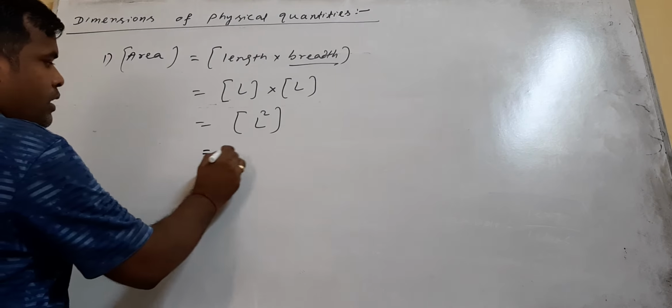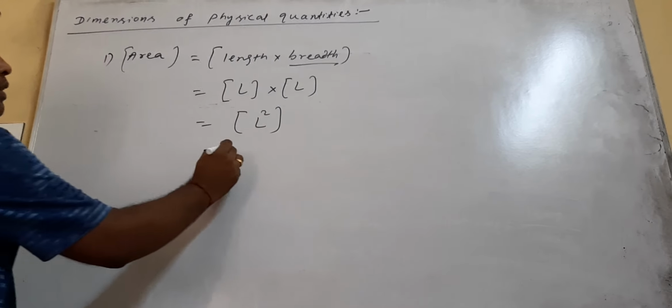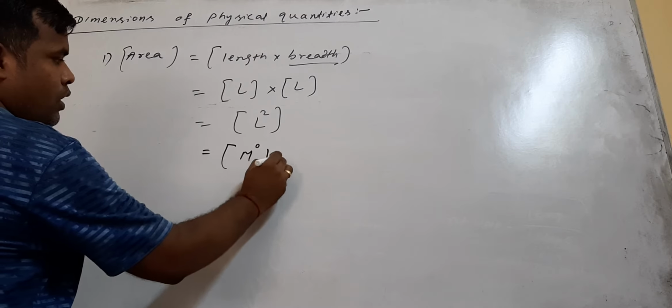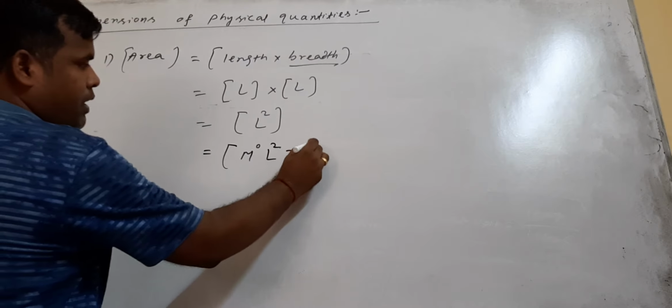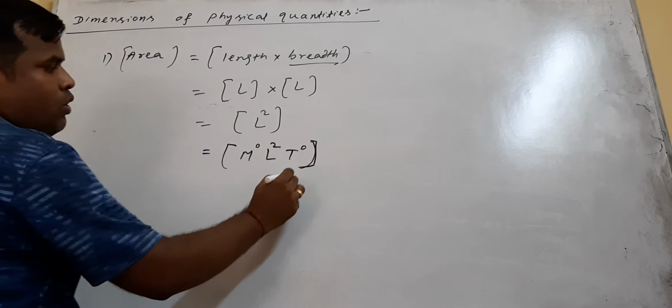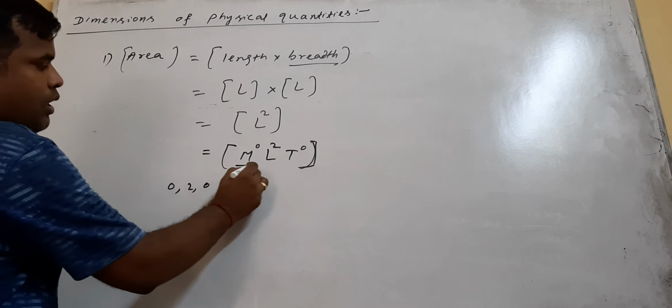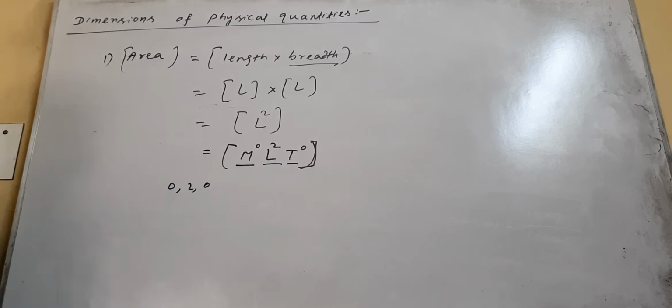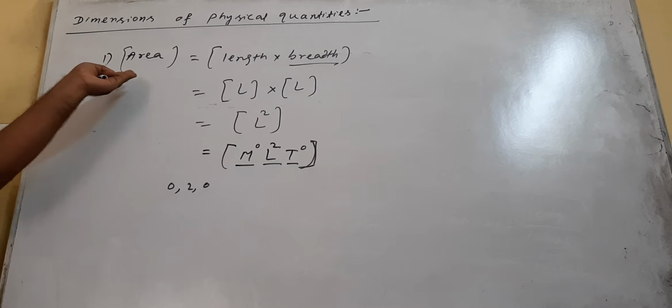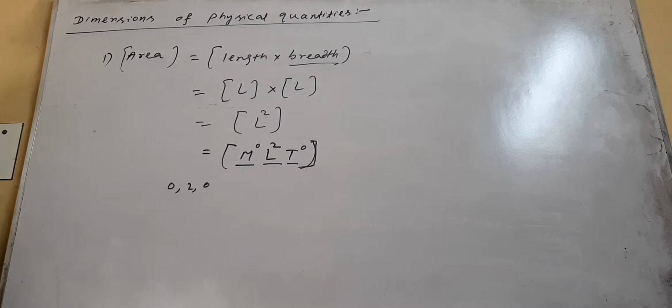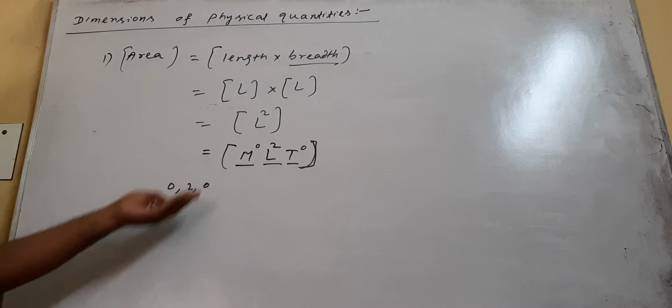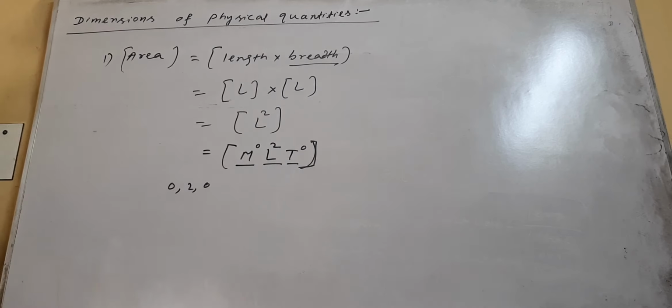So if you want to write mass and time, then mass power is 0, L power is 2, T power is 0. So the dimensions are 0, 2, 0 in terms of mass, length and time respectively. Or you can say it directly, the dimensions of area, that is 2 in length. If you want to write mass and time, then power will be 0, because here it has no mass and no time.